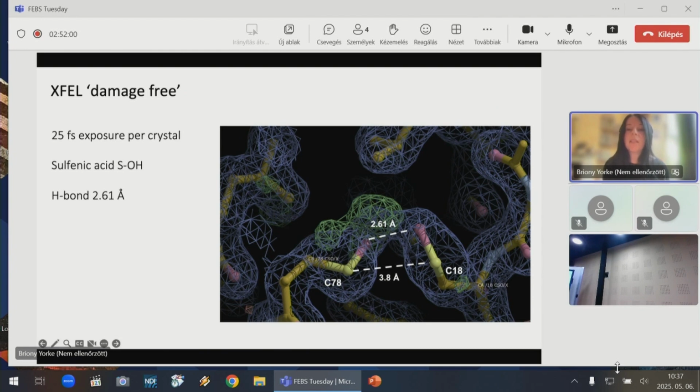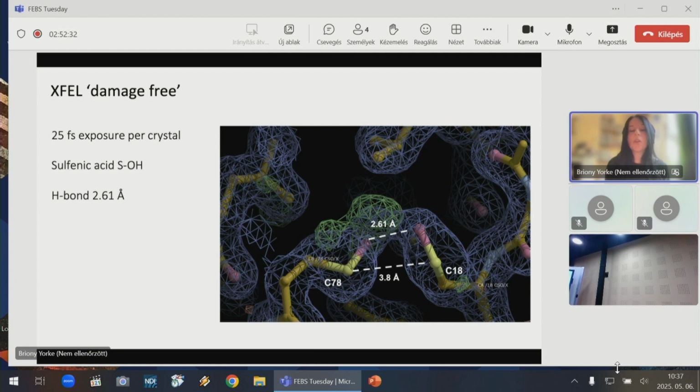And at C18 and C78, we have some interesting density. So we don't have a direct disulfide bond between our two cysteine residues, but there's a bridging between them. And it looks to be modulated by two extra atoms. So our current working hypothesis here is that actually we can form sulfenic acid at these two positions, but only when glutathione is bound to the structure.